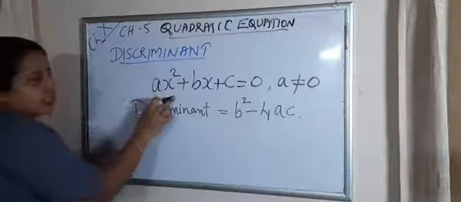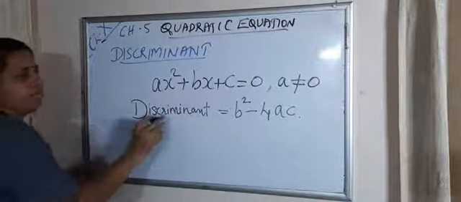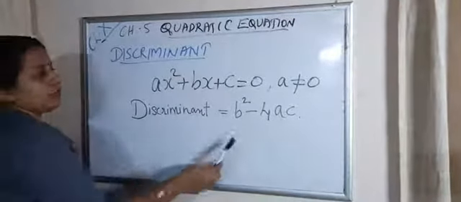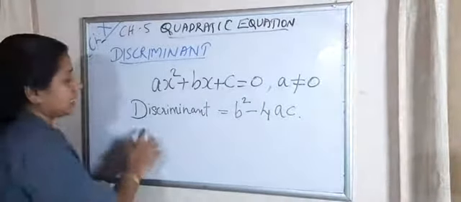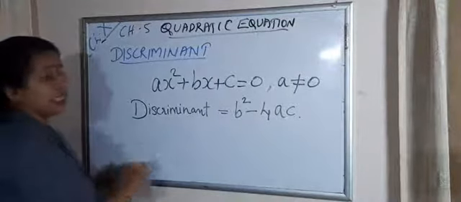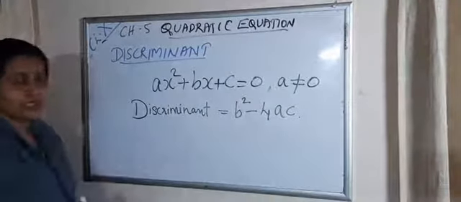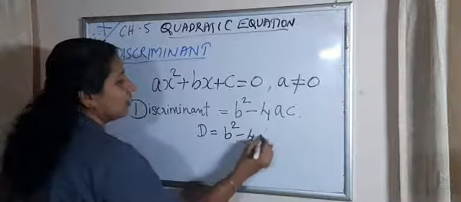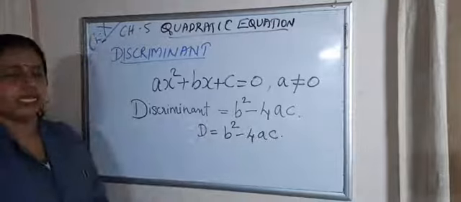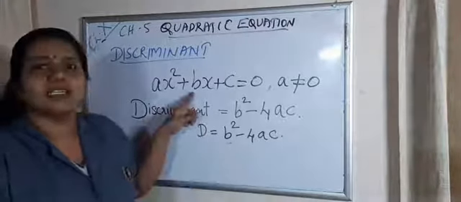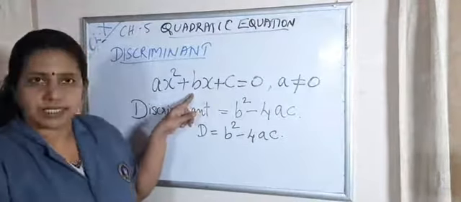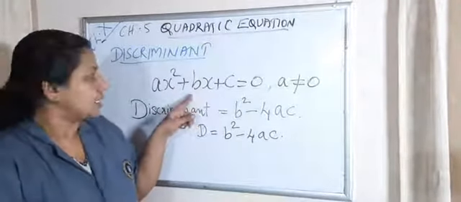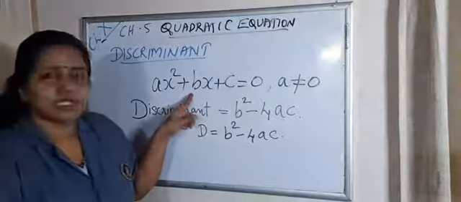This is our quadratic equation, and from this we have the expression b² − 4ac. b² − 4ac is called the discriminant. Denote it as D, capital D. That is D = b² − 4ac. Here b² is the square of the middle term, that is, the square of the coefficient of x.